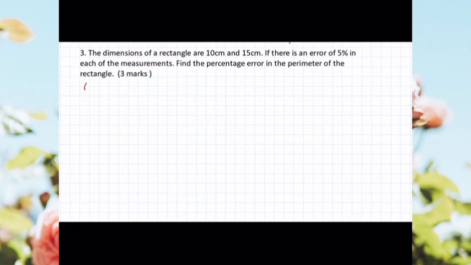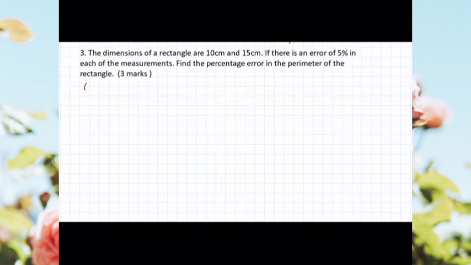In our third question, we are told that the dimensions of a rectangle are 10 centimeters and 15 centimeters. If there is an error of 5% in each of the measurements, find the percentage error in the perimeter of the rectangle.